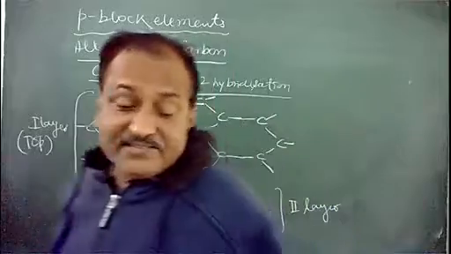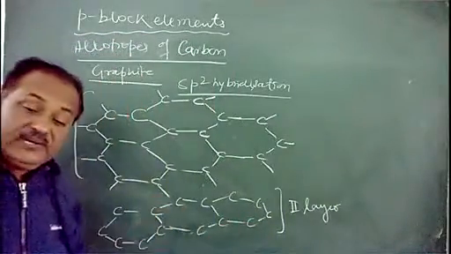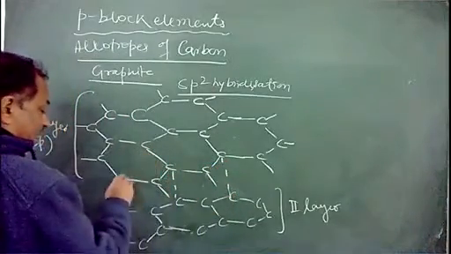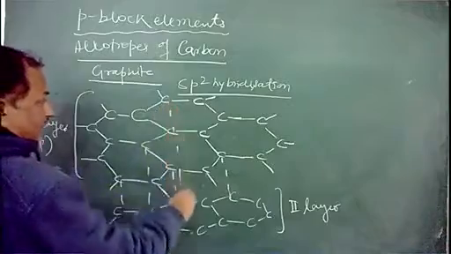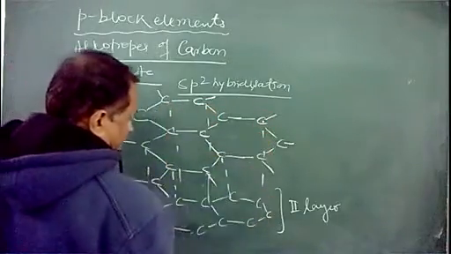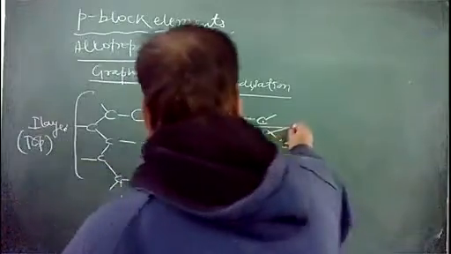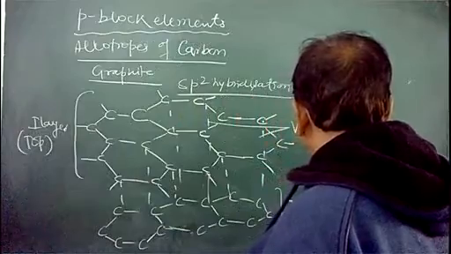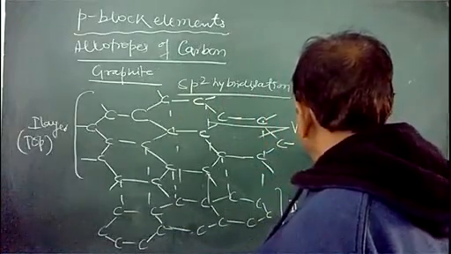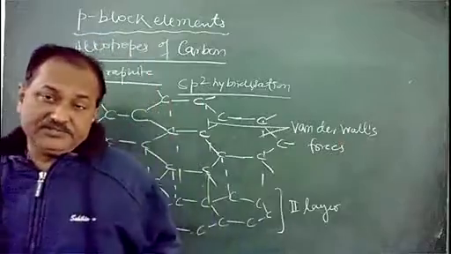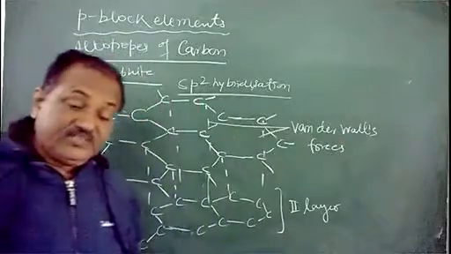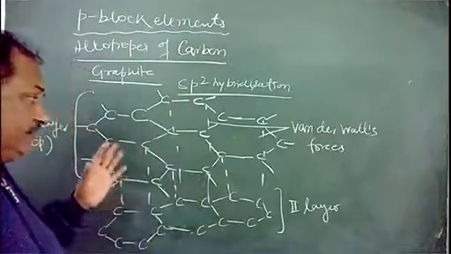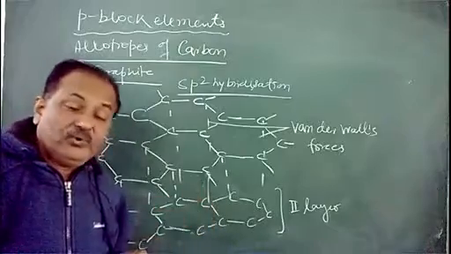So adjacent layers are present one over each other, and the different layers are held together by van der Waals attractive forces. These dotted lines, children, are van der Waals forces.